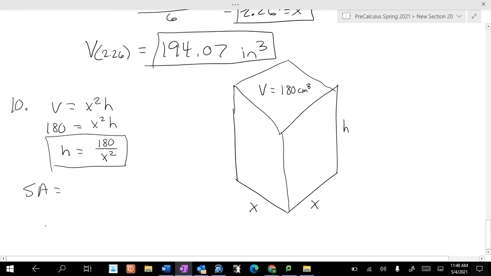How would we find the surface area? Well, each side is xh, so there's 4 sides, so there's 4xh plus the bottom, which is x squared, right? But h is up there, so it's 4x times 180 over x squared plus x squared.